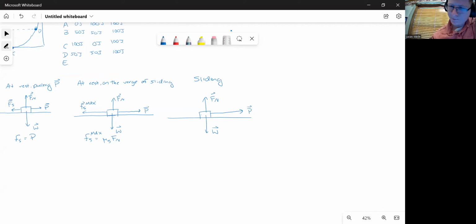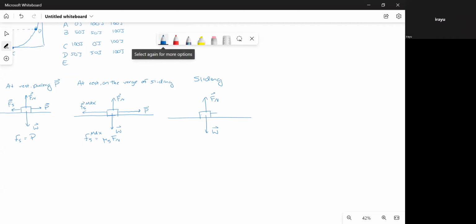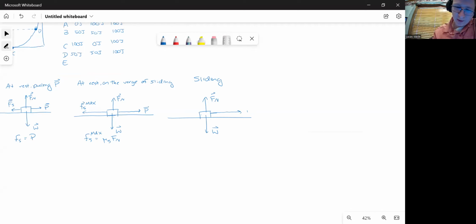And so what happens once the block starts sliding as far as friction is concerned? We have the kinetic friction. And its magnitude is typically what compared to static friction? It's the same, but instead of mu static, it's mu kinetic.